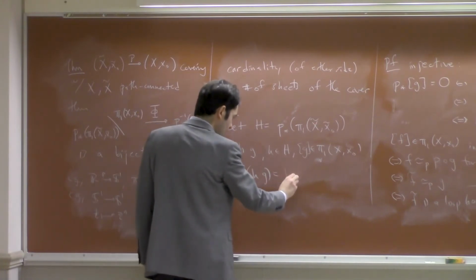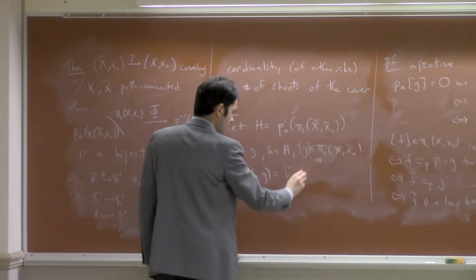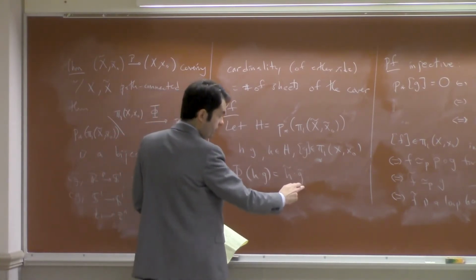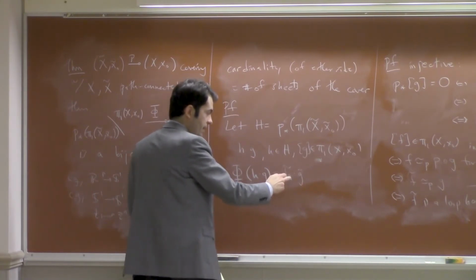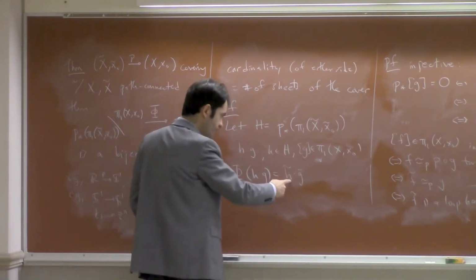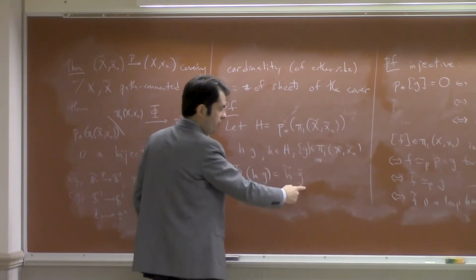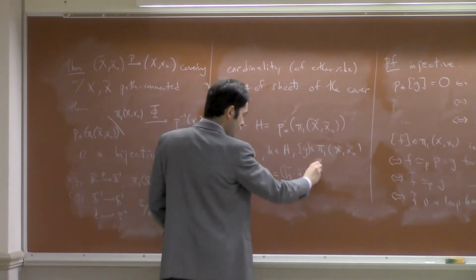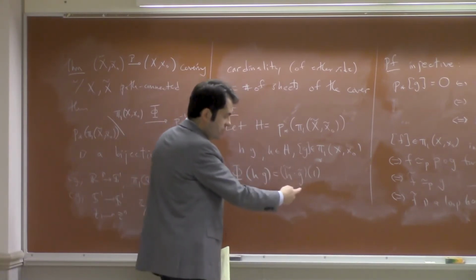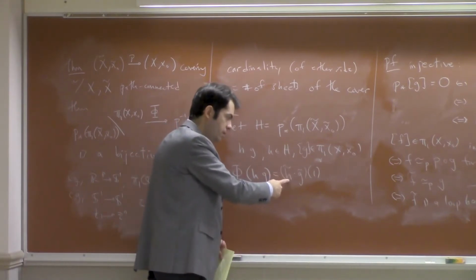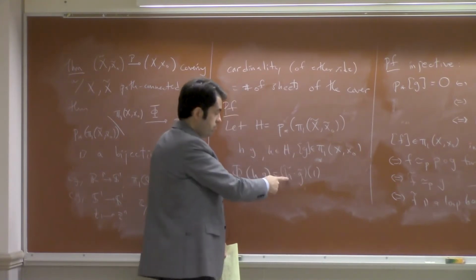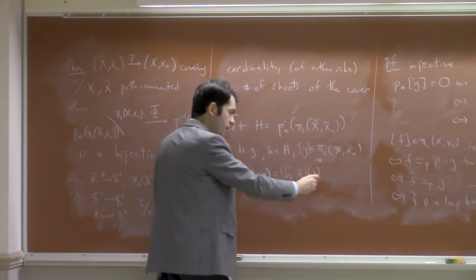So by uniqueness, the lift of this concatenation is going to be the concatenation of the lifts. Notice that this makes sense precisely because h lifts to be a loop at x naught tilde. And so this does end where this one starts. So it's just this path evaluated at the right endpoint. It's a concatenation, so it goes from the left endpoint of this one to the right endpoint of this one, which is the left endpoint of this one, and then to the right endpoint of this one. So this one doesn't affect where we end up.